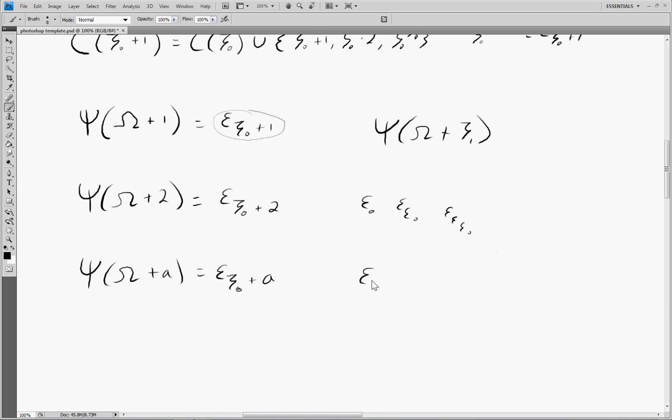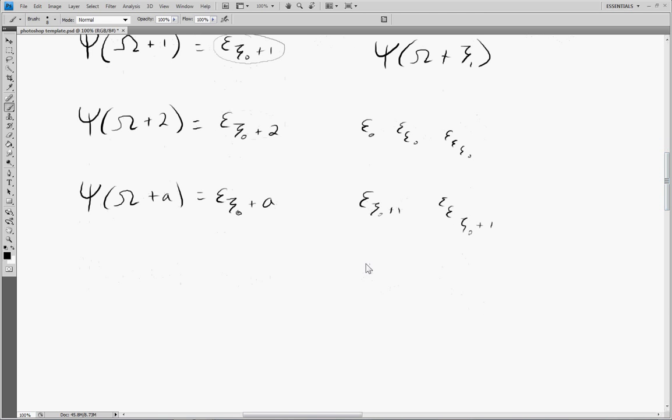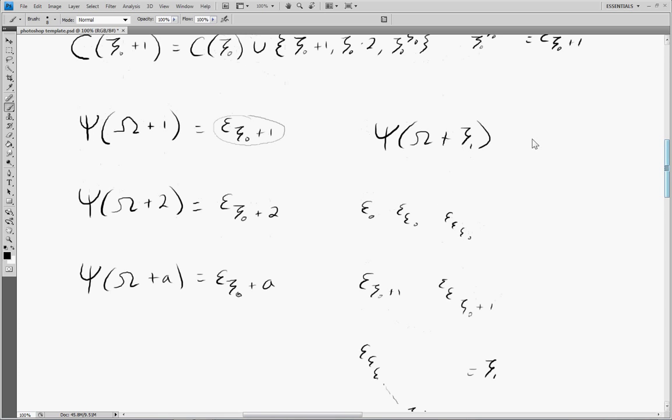So we can plug in things like epsilon zeta naught plus 1, epsilon, epsilon, zeta naught plus 1, to an arbitrary number of nested epsilons. But we run into problems when we try to get an infinite number of nested epsilons, and this time with the zeta naught plus 1 at the bottom. And this is equivalent to zeta 1. So you could think of the limit of this as being just zeta 1. So we can almost get there, but not quite.